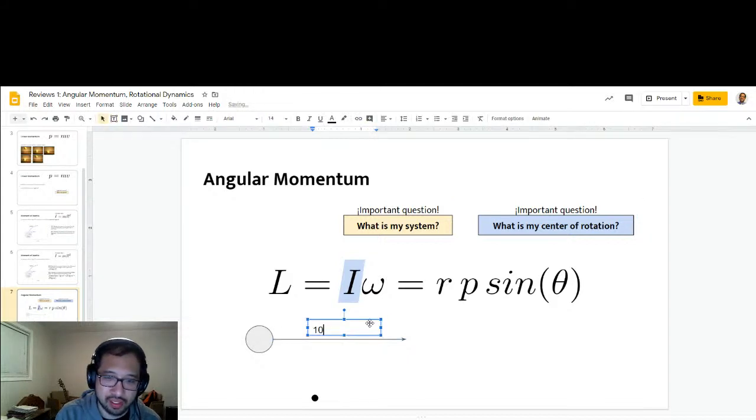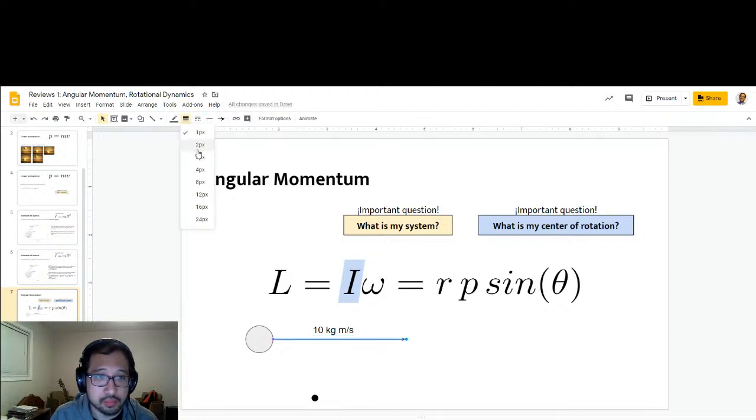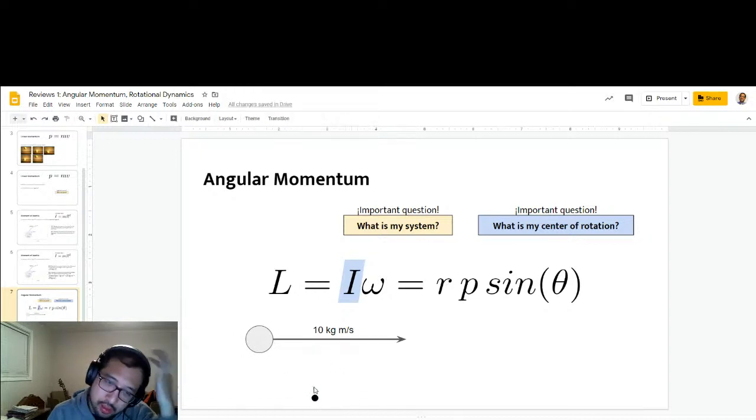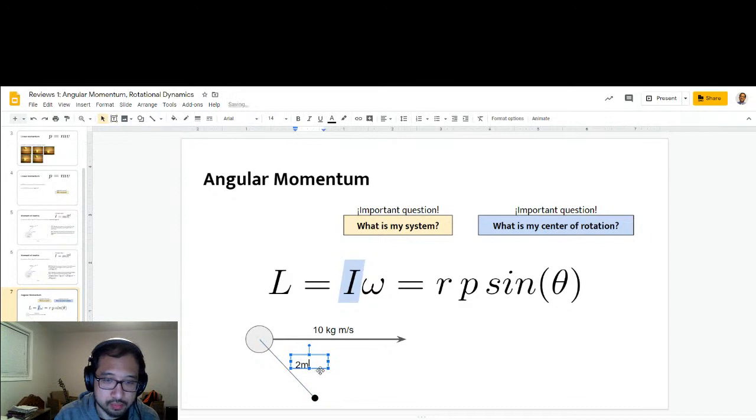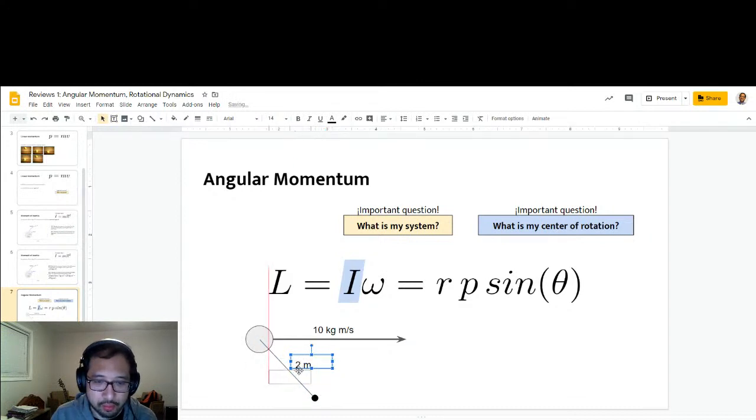So let's say the linear momentum is 10 kilogram meters per second. And let's say this object is 2 meters away from the point that it's rotating around.